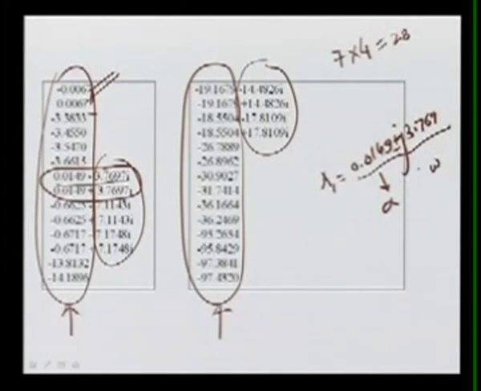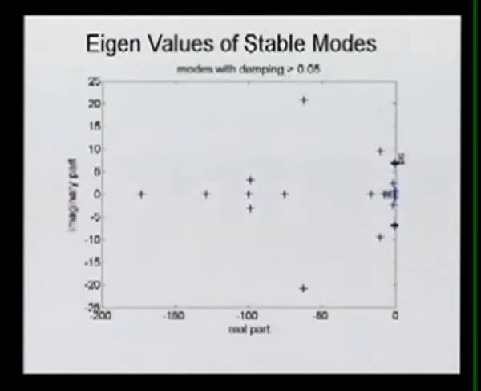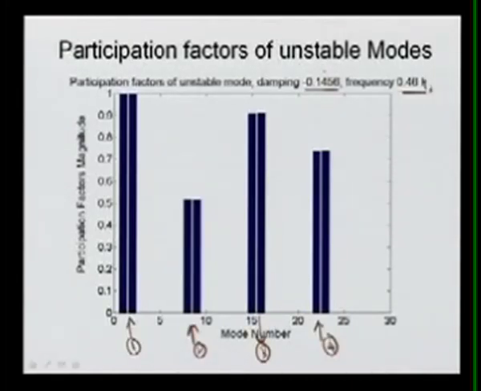From here we can calculate the damping of the system, and we find that the damping is negative, due to which the system will be unstable. From omega we find the frequency of oscillation, which is 0.4 hertz.